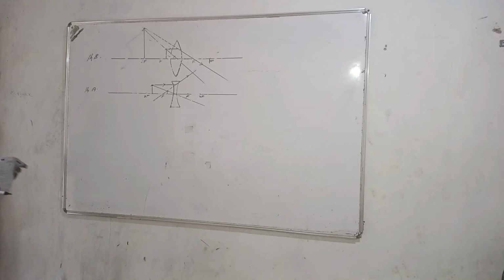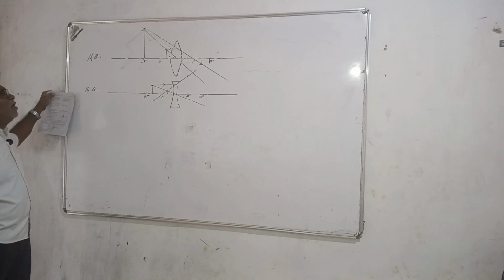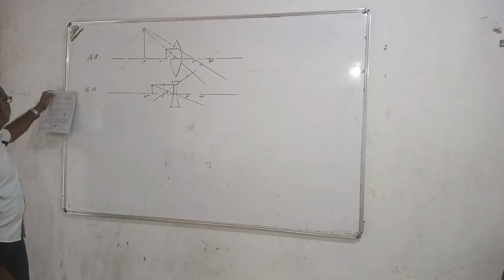So when the object is between F and lens, you will get an enlarged, magnified image, a virtual image. This is question number 14B.